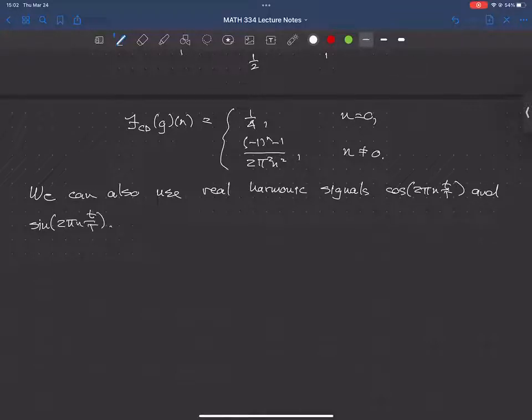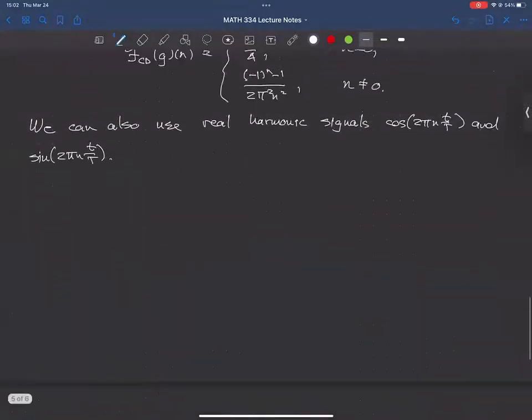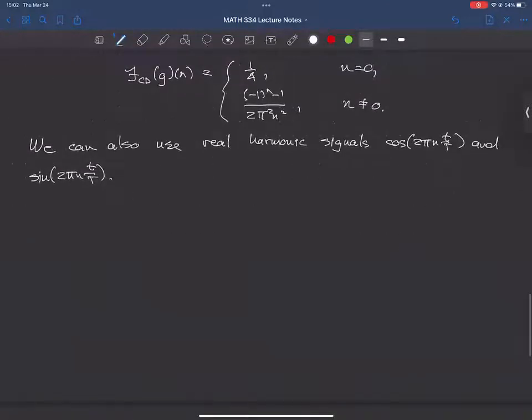If you do that, you have to have two transforms, one for the cosines and one for the sines. That's one reason I don't like doing it. But let me write it down. So you can have the cosine transform, and this just has the obvious definition.